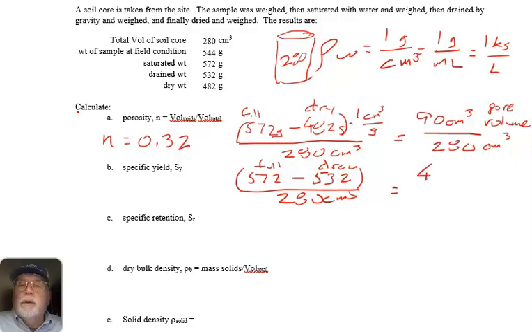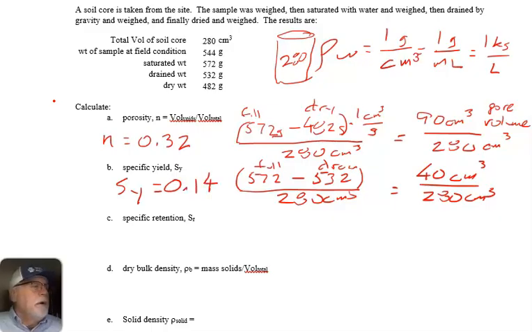So it's 40 cubic centimeters drained over 280 total. So the specific yield is 14%, or 0.14.